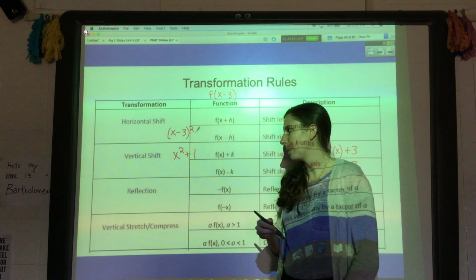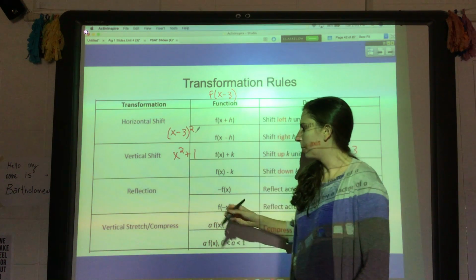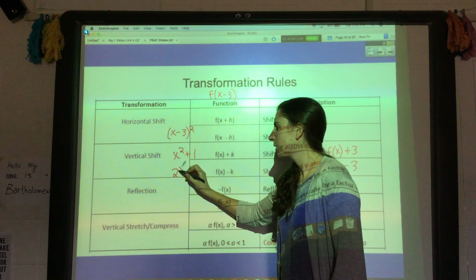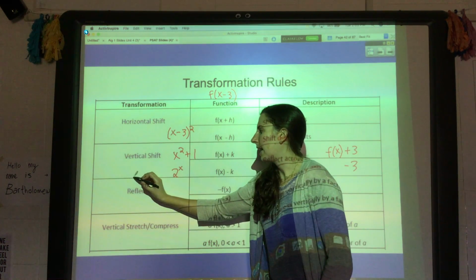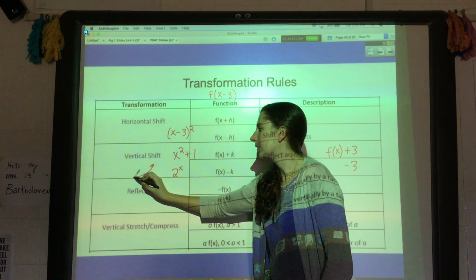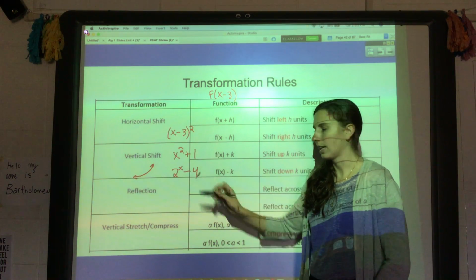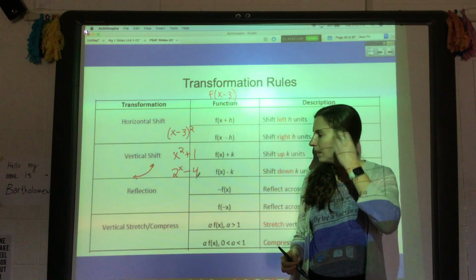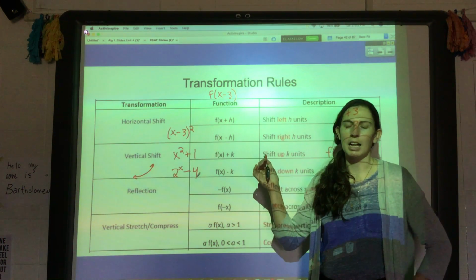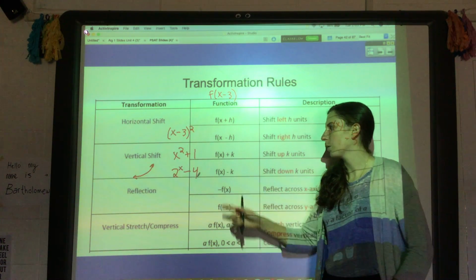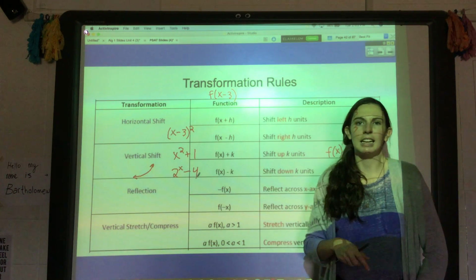This applies to any parent graph, so let's say we're looking at 2 to the x, which is that exponential graph. And then I do like minus 4 on the end, it shifts it down 4. So these same transformation rules apply no matter what function you're talking about. That's why we're just generically using an f of x here.